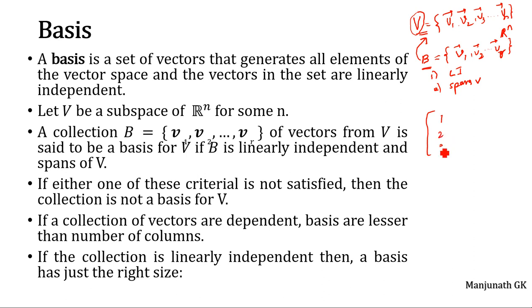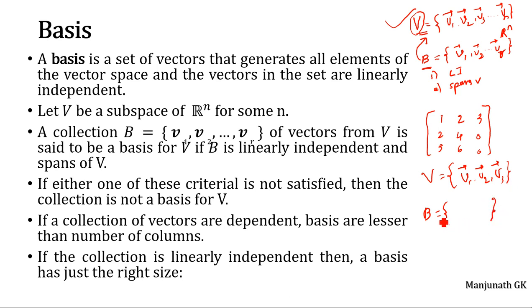Consider one example. 1 2 3 is vector 1, 2 4 6 is vector 2, and 3 0 0 is vector 3. Here a set V is considered, which has v1, v2 and v3. Then consider one more set, B, which is a part of v1, v2, v3.